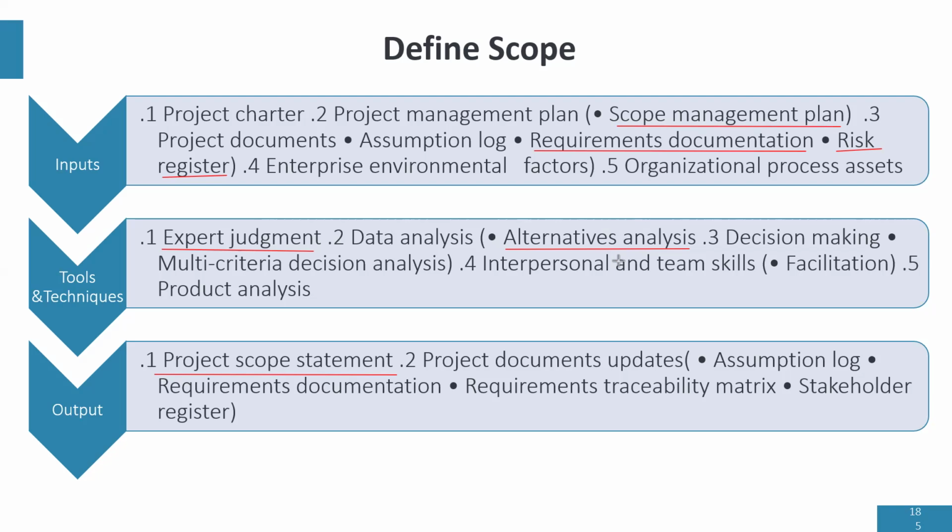So we look at all those alternatives to decide on how the scope of work will be done. And this helps us to select the best alternative in terms of scope definition.